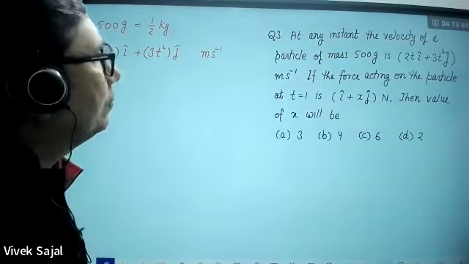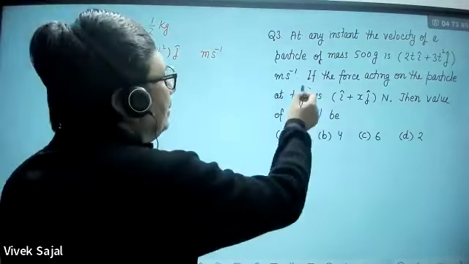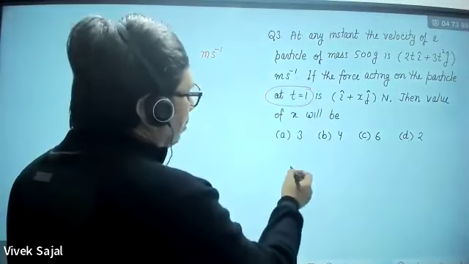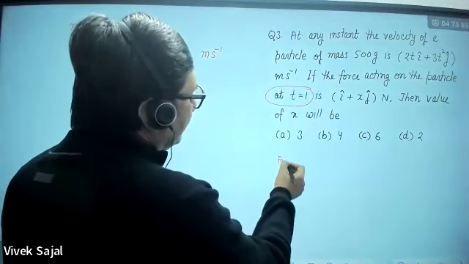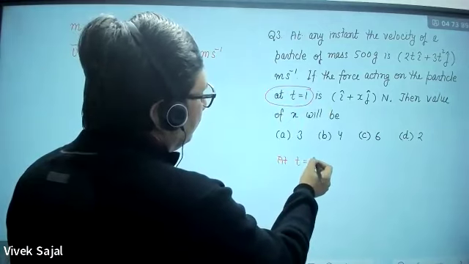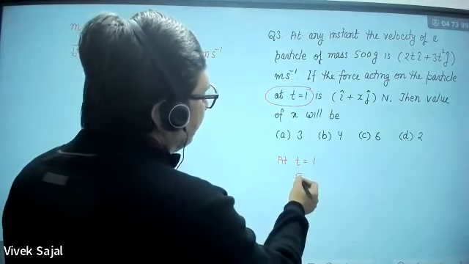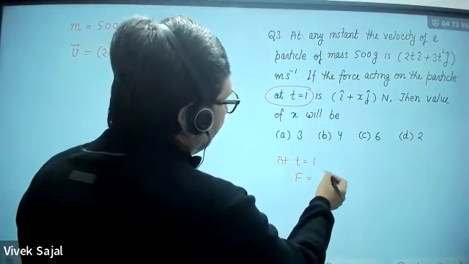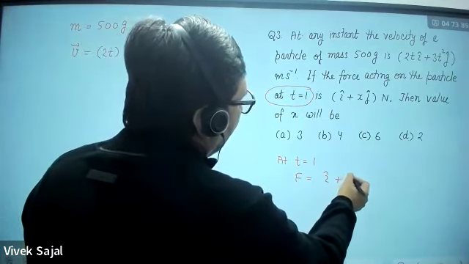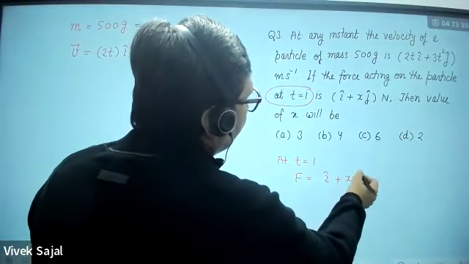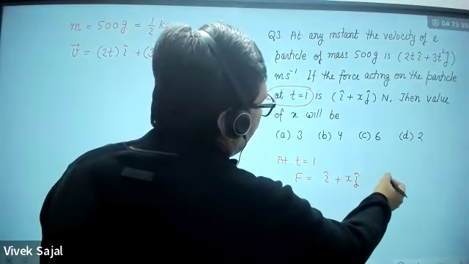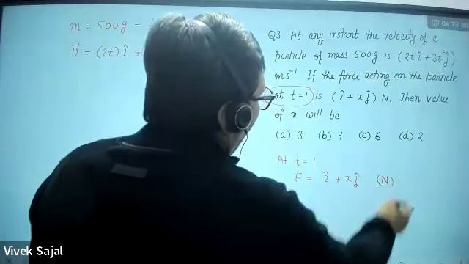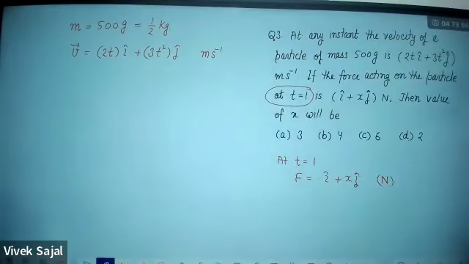If the force acting on the particle at time t equal to 1, at time t equal to 1, is i cap plus x j cap, and the unit is Newton, then what will be the value of x?